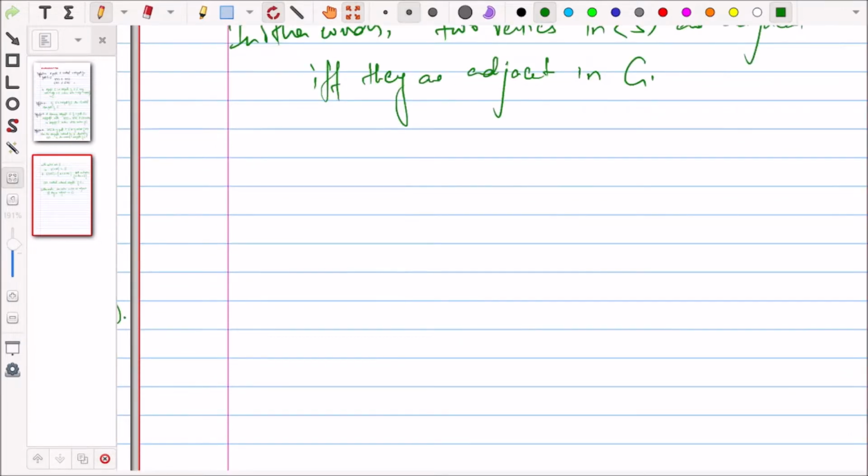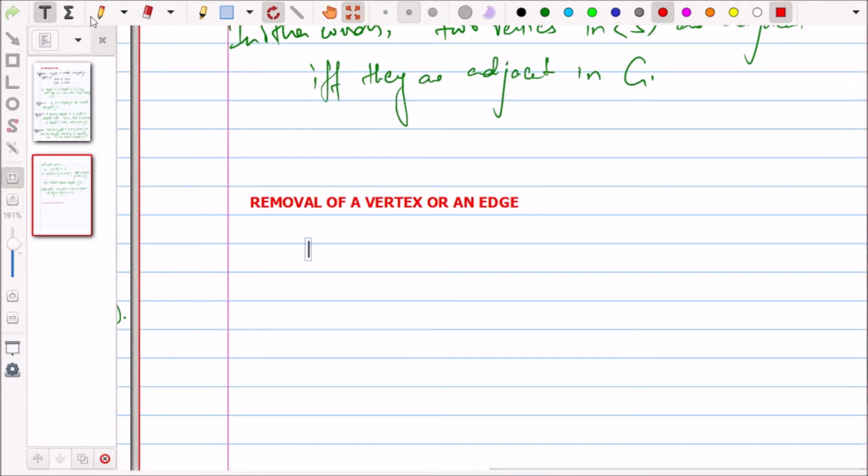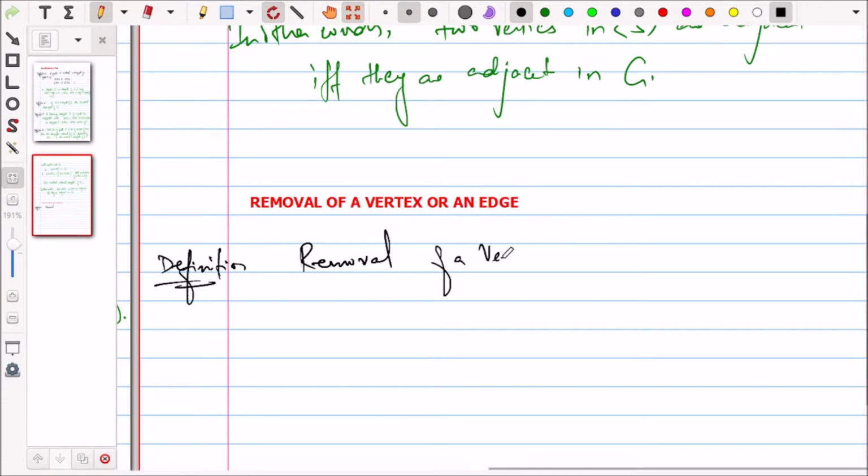Now we will define removal of a vertex or an edge. Let us first define removal of a vertex.